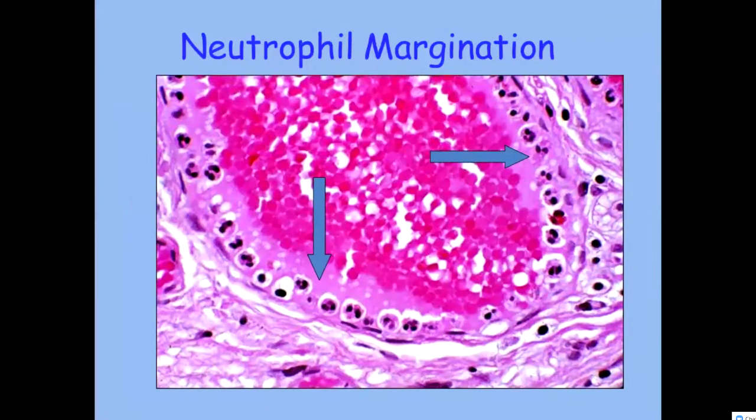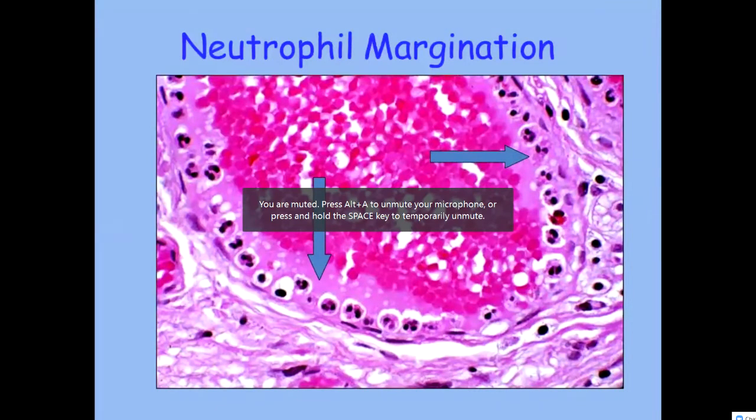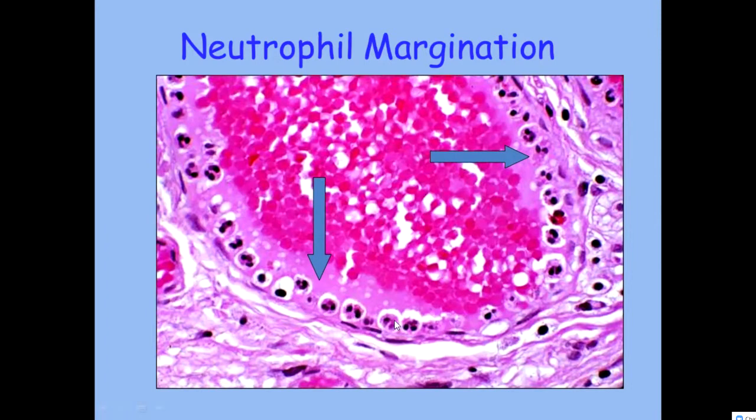See, margination. On microscopy, we have shown you neutrophils. These are all neutrophils which are lining the endothelium. They are marginated neutrophils. Normally, neutrophils will be at the center. That is the laminar flow, normal flow. Whenever injury occurs to the body, the normal laminar flow is disrupted.